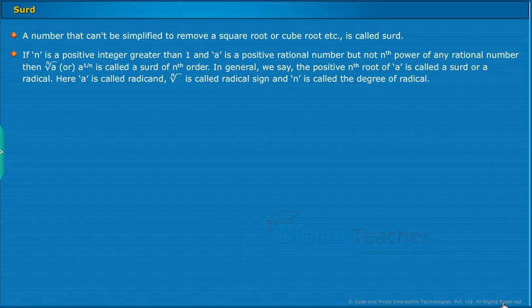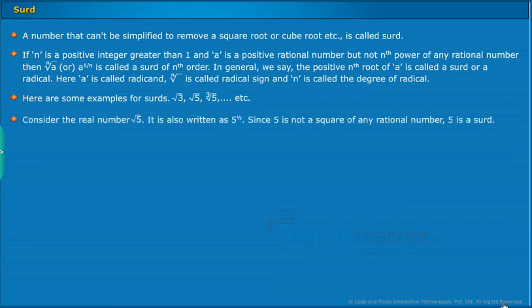In general, we say the positive nth root of a is called a surd or a radical. Here a is called the radicand, the nth root symbol is called the radical sign, and n is called the degree of the radical. Here are some examples of surds: √3, √5, cube root of 5, etc.